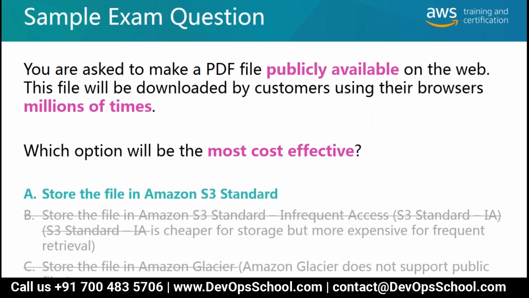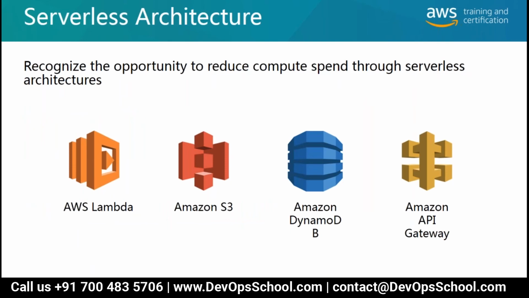So then let's consider how you deal with a serverless architecture. When you are using Lambda, you have to recognize and understand the opportunity to reduce the compute spend using serverless architecture.